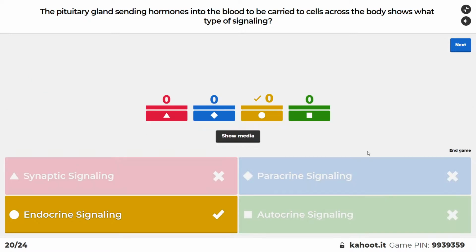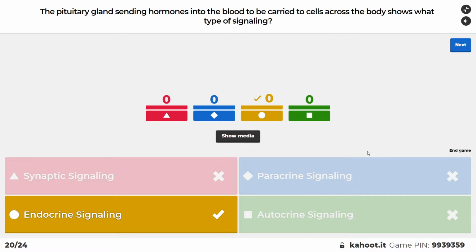Right, so the answer for this one was C, the yellow circle, endocrine signaling. Endocrine signaling is the main long-distance signaling, so it goes across the entire body. It's not synaptic or paracrine signaling, because both of those are close-range signaling, where cells send signals to their neighbor cells in their general area.